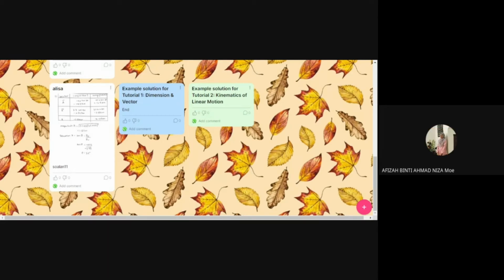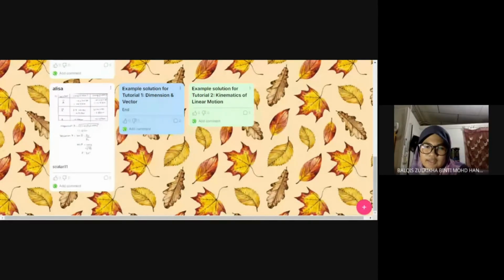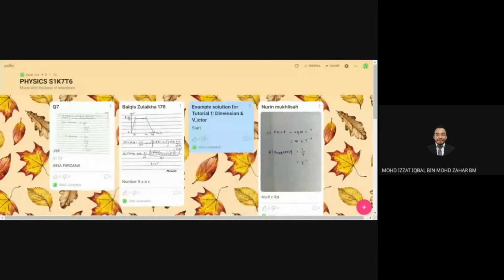Yang 6E tu saya just tambahkan je lah. 0 tambah dengan 40 tambah dengan 40. Jadi 80. Yang B tu saya tak tahu. Yang lain boleh letak soalan. Dah letak dia ada kat atas. Oh ya, yeah, sorry. Oh kat sini.